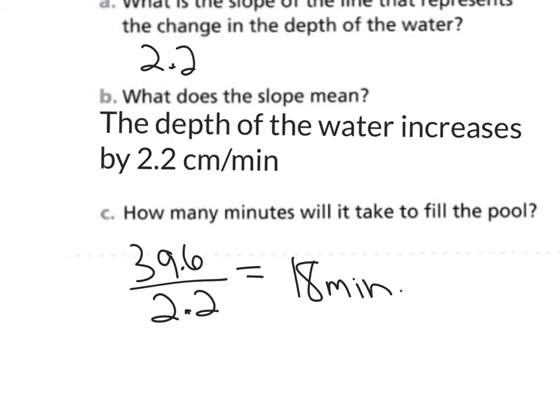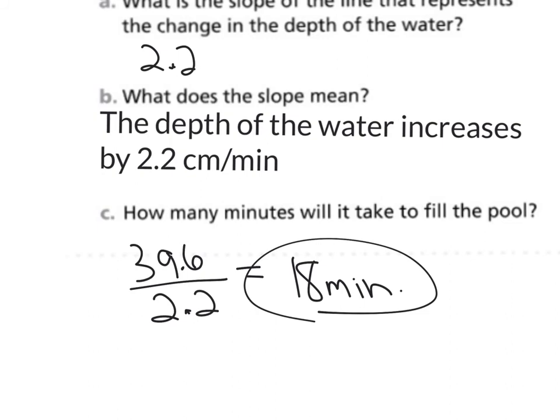The more difficult way to do this would be to actually continue the table and keep increasing. On the table, it's increasing every 2 minutes by a certain amount, 4.4. Or you could just keep increasing 1 minute by 2.2 until you get to 39.6.